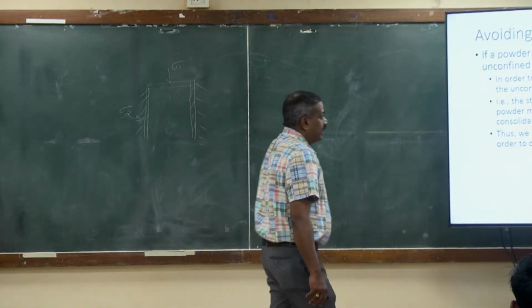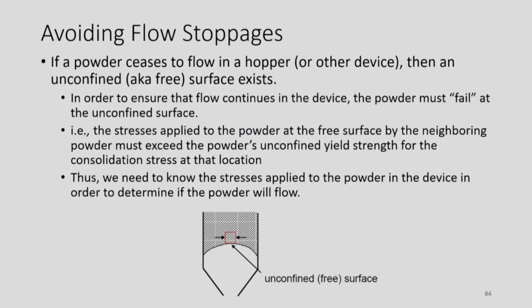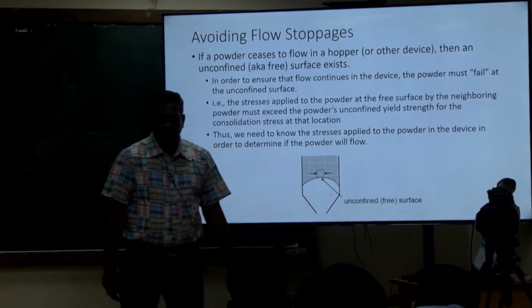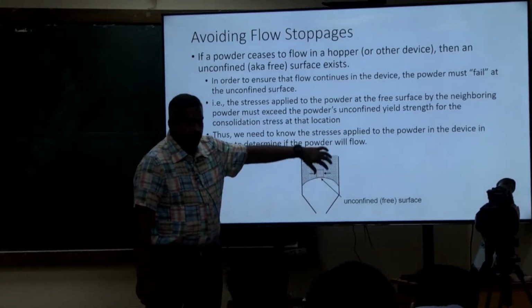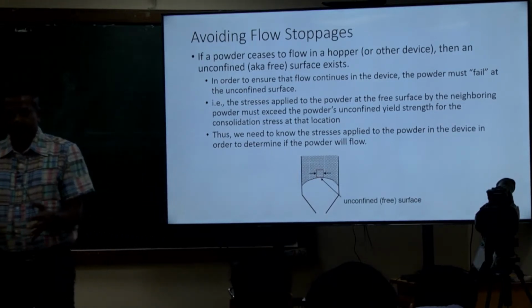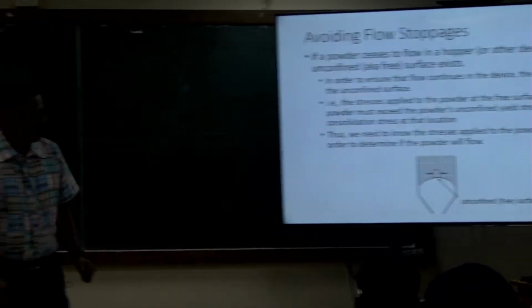So to avoid flow stoppages, we talked about this, right? If you are not able to use a mass flow hopper, the stresses in this region at least should be higher than the unconfined yield stress, so that this will push the material down, break the surface, and the powders will flow.